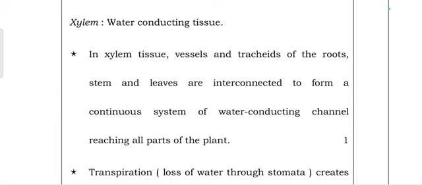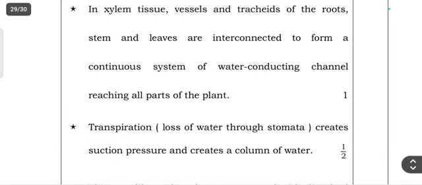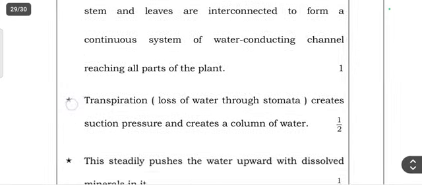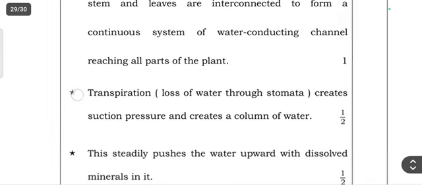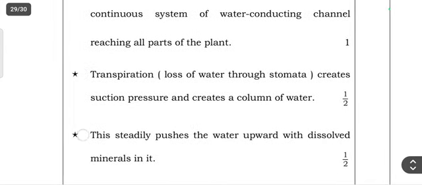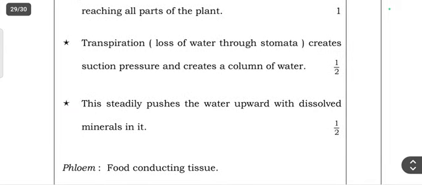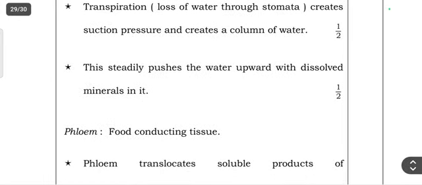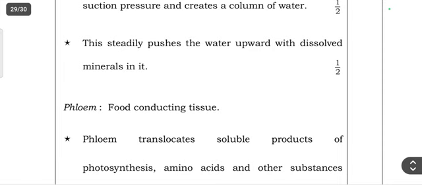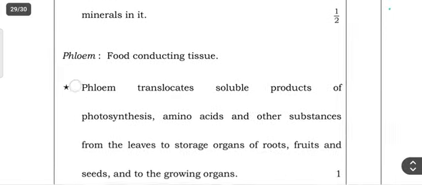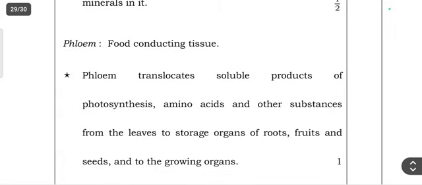In xylem tissue, vessels and tracheids of root, stem and leaves are interconnected to form a continuous system of water conducting channels reaching all parts of the plant. Transpiration, loss of water through stomata, creates suction pressure and creates a column of water. This steadily pushes the water upward with dissolved minerals in it. That is the work of xylem. It mainly transports water and minerals from the root to all over the body of the plant.